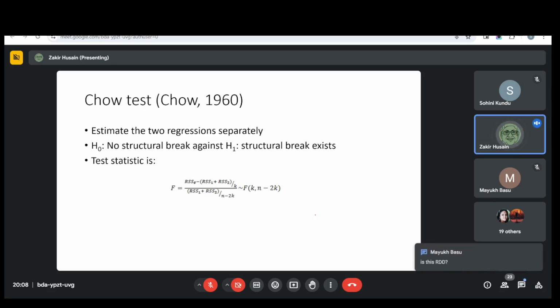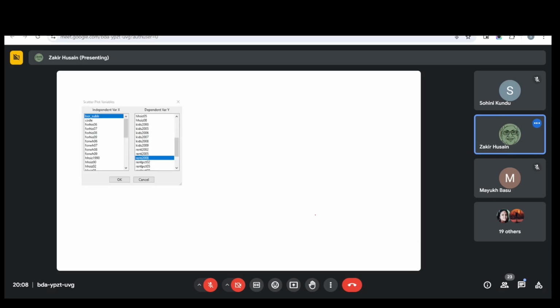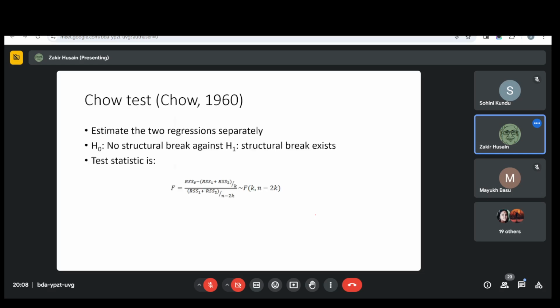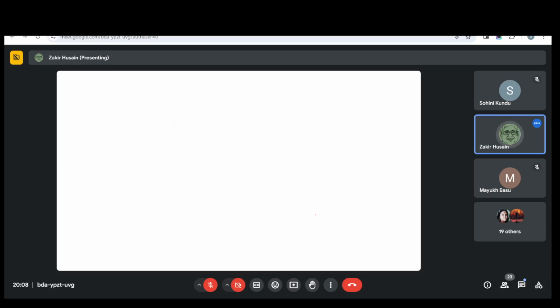The test statistic is given as follows, based on the residual sum of squares. This tells us whether, in a time series model, there's a structural break or not. If you have done an intermediate course in econometrics, you should know this.